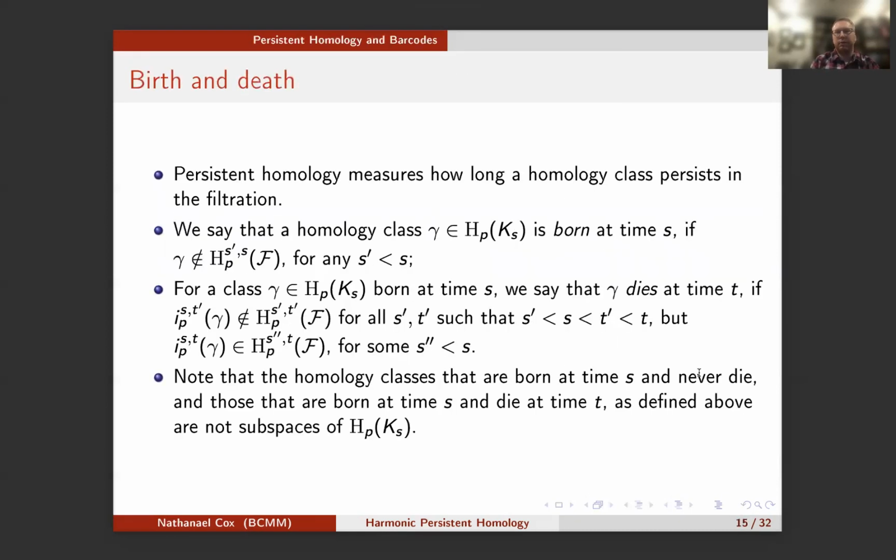What persistent homology measures is an idea of how long a homology class persists through the filtration. And we capture this persistence in terms of birth and death times.